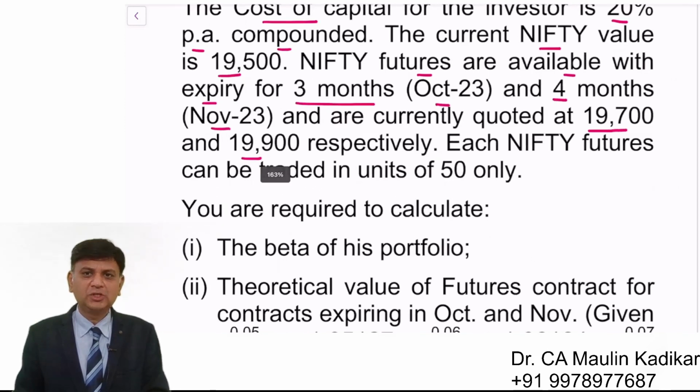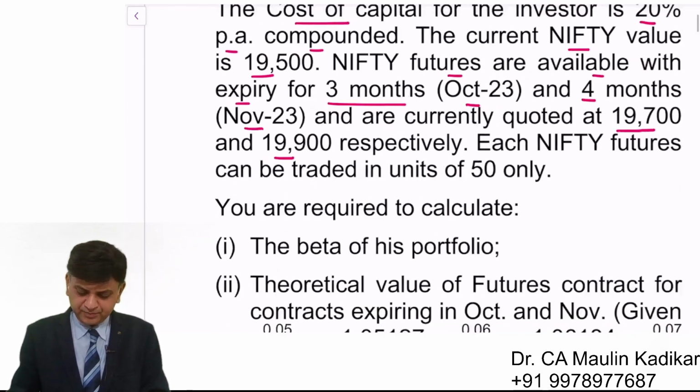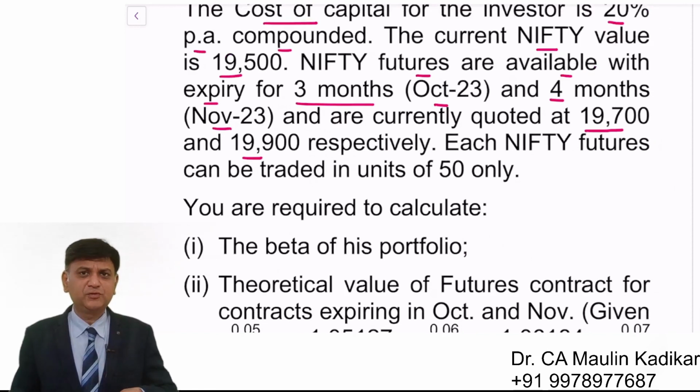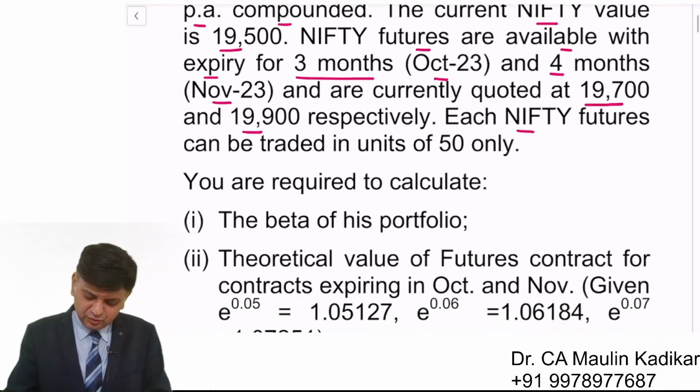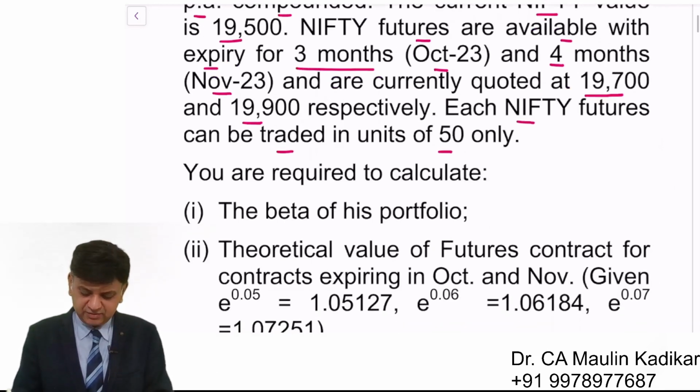So basically the futures values have been provided to us for both the dates, that is for October and November. Each NIFTY futures can be traded in units of 50 only, that is the lot size is given.